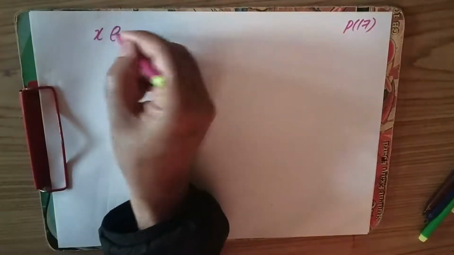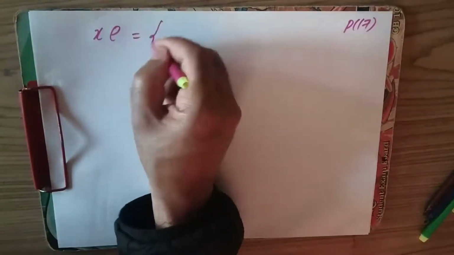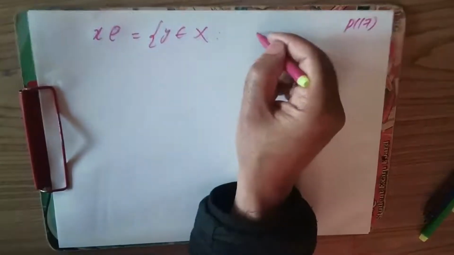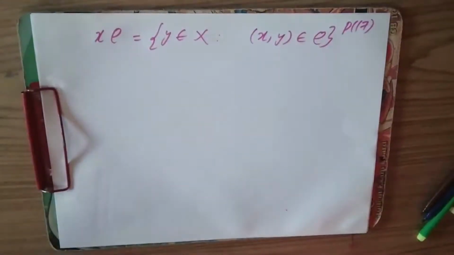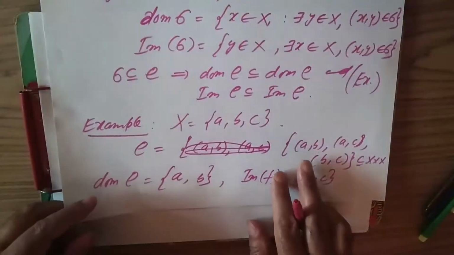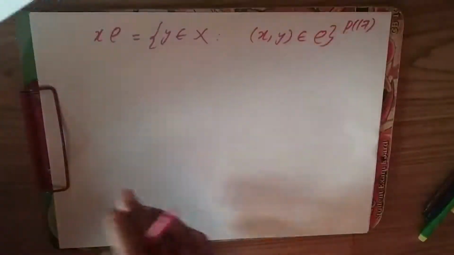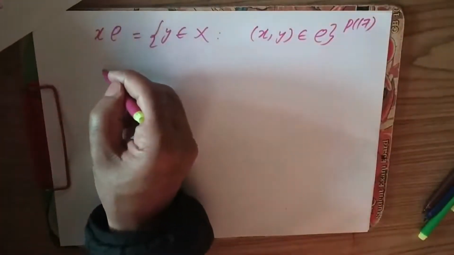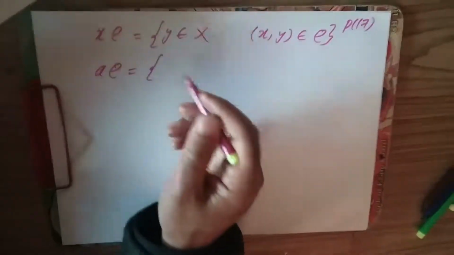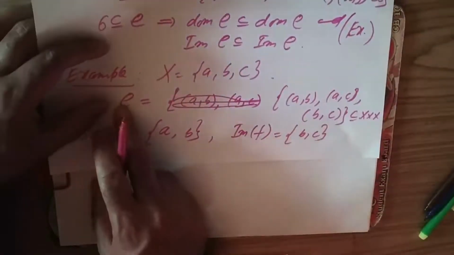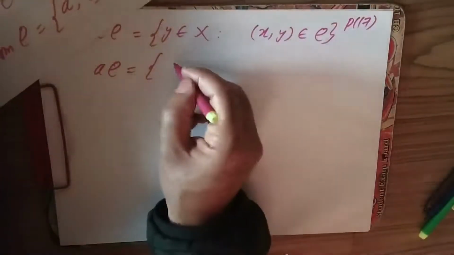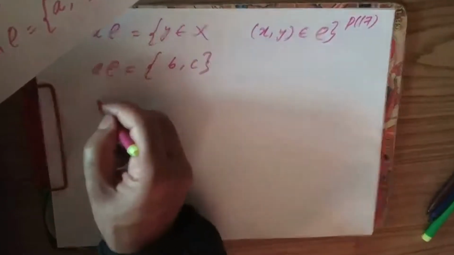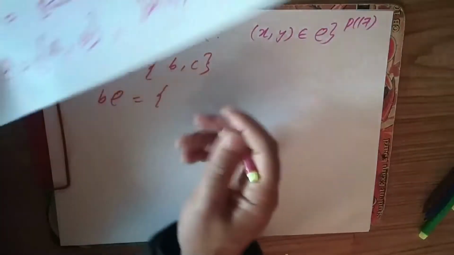So then we can see that the image of X under rho, X rho, is the set of elements Y in X such that X comma Y belongs to rho. So in this example, if I want to find the image of A, A rho, it's B and C. It has two images, B and C. And what's the image of B?